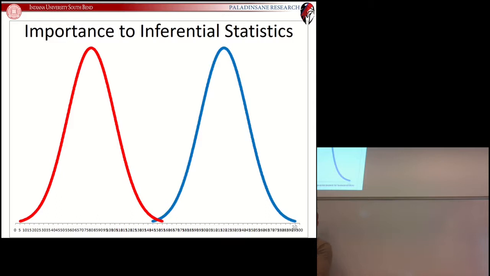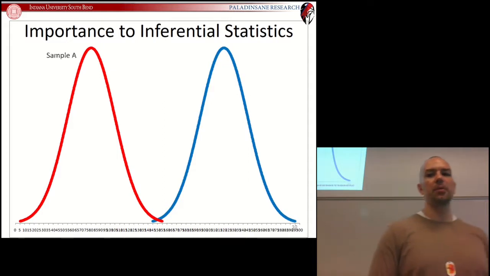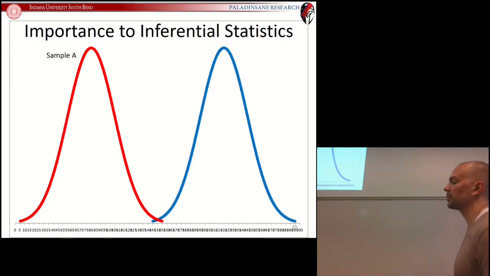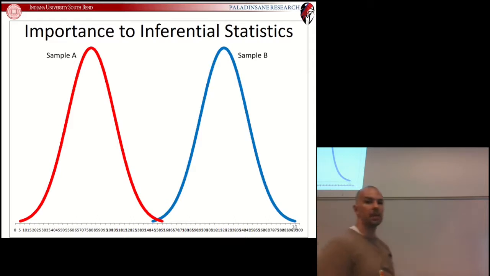But we never get to test everyone. So we take a sample from each population, and we might have sample A, and we might have sample B from a different population, and we want to know, are they really different? This might be instant gratification scores, and this might be people who don't spend a lot of time on social media, and this might be people who do spend a lot of time on social media. Is there a real difference in their scores on a measure of instant gratification?